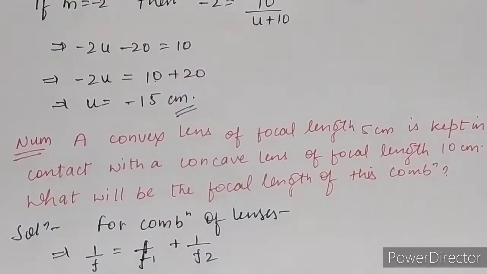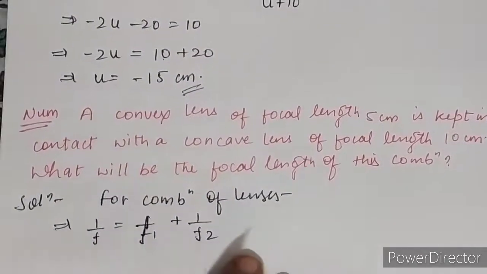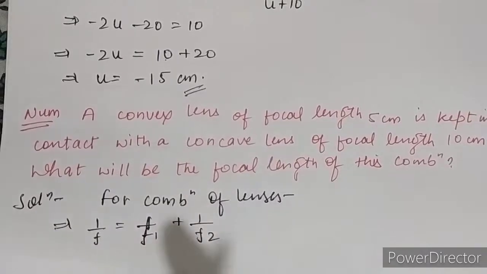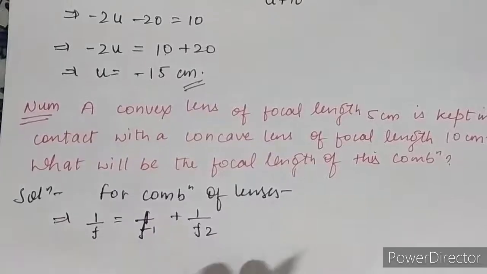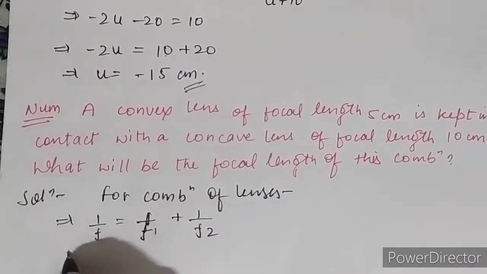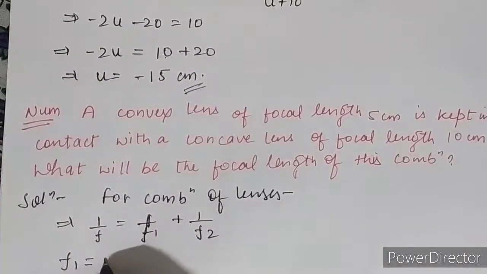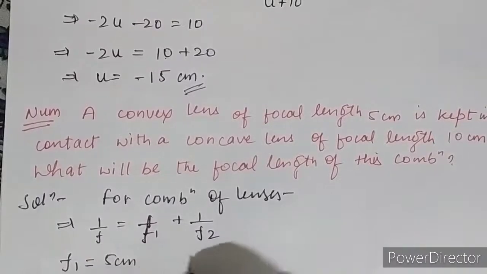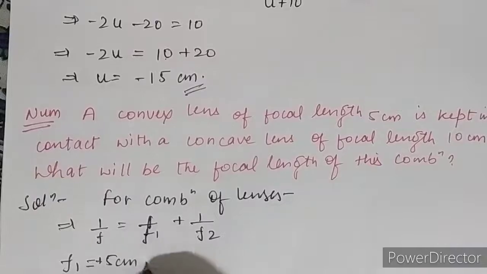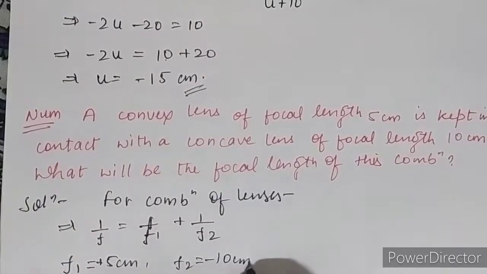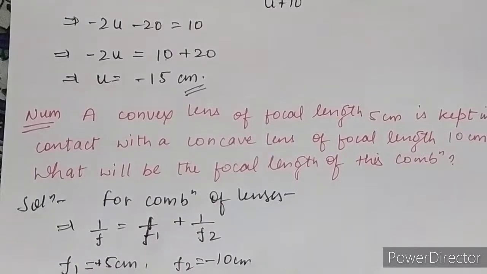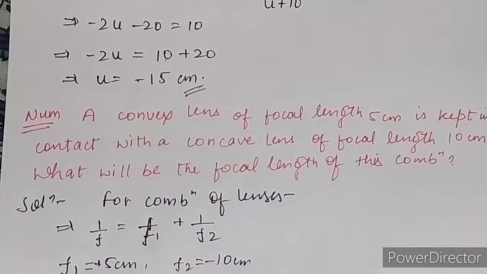And the given values in the question are f1 is equal to 5 cm. So for the convex lens, it will be plus 5, and f2 for the concave lens will be minus 10 cm. You have to put the values and then add up.